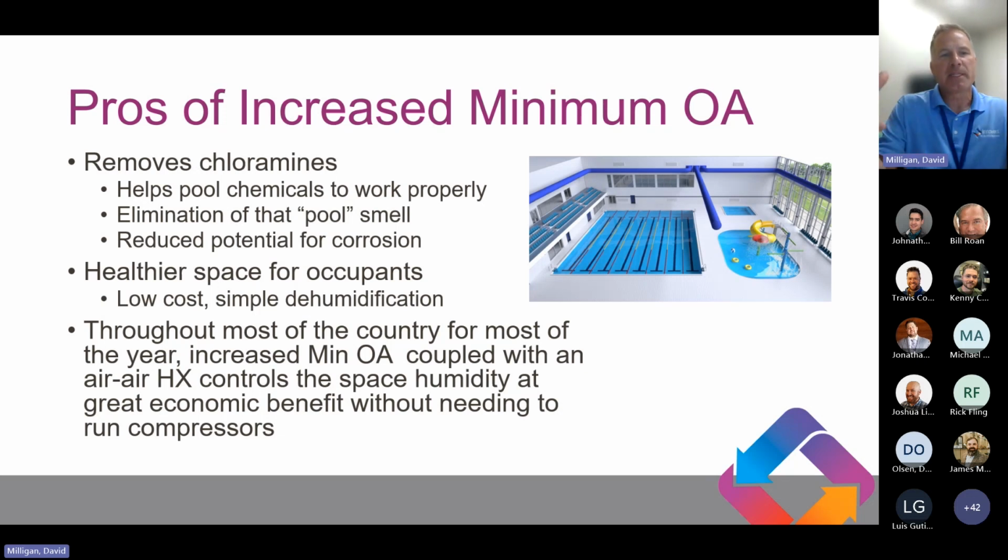Plus, when you pair that up with some type of energy recovery system, whether it's a plate heat exchanger, even if it's a runaround coil, a heat pipe, or some type of glycol loop, you're helping to reduce the impact that bringing in more outdoor air does on the total system cost for operation.